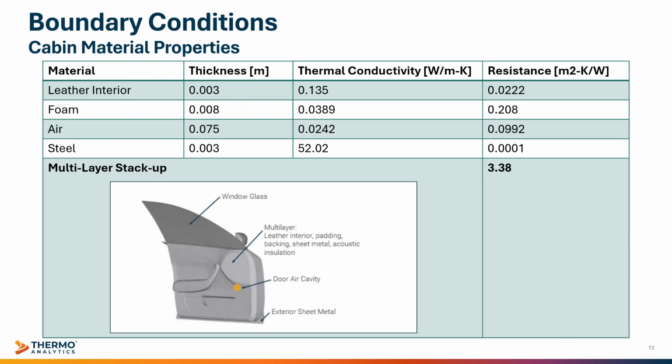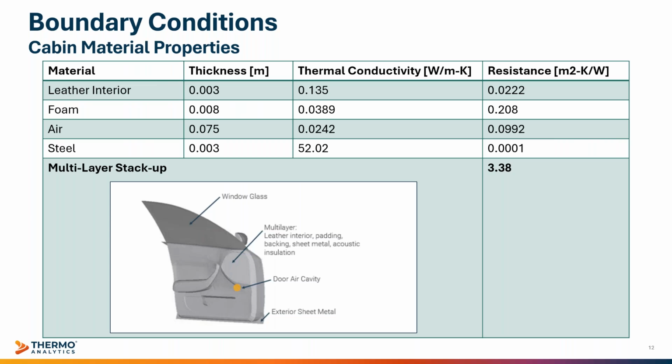So here I would put in the thermal conductivity provided by my supplier, and then I put in the estimates for each material thickness through the full stack up of the door. We can then calculate the material resistance for each of those layers, and then we can sum all of those up to get the full stack up resistance.